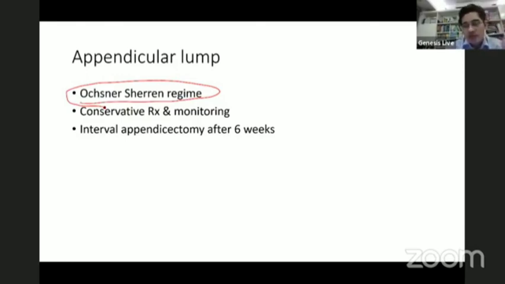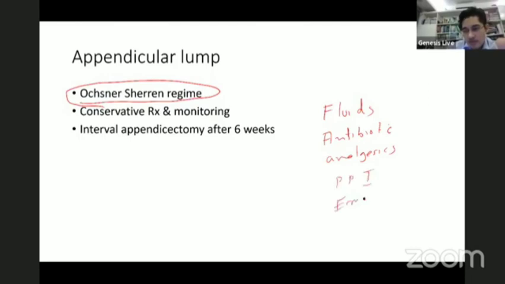You give the patient fluids, antibiotics, painkillers, antigastric medications, maybe antiemetics, and other things. You may catheterize the patient just for monitoring.